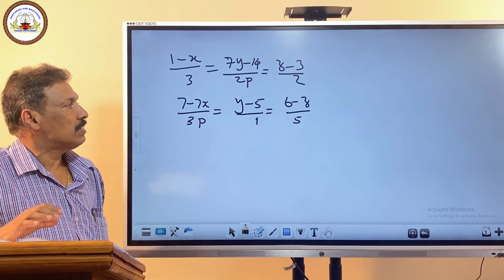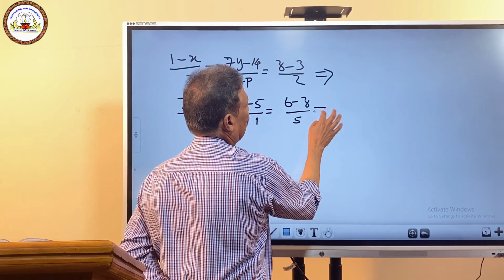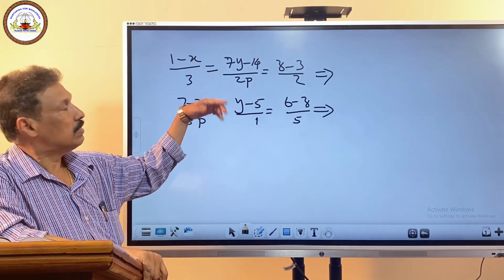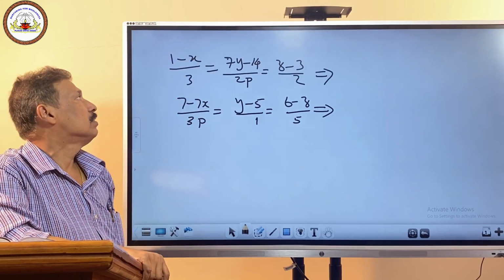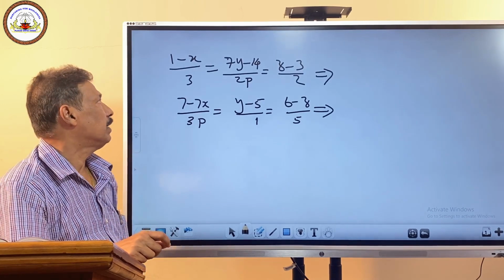First of all we rearrange these given lines. The first line is given as 1 minus x, but the standard form is x minus some number, so we multiply numerator and denominator by -1.